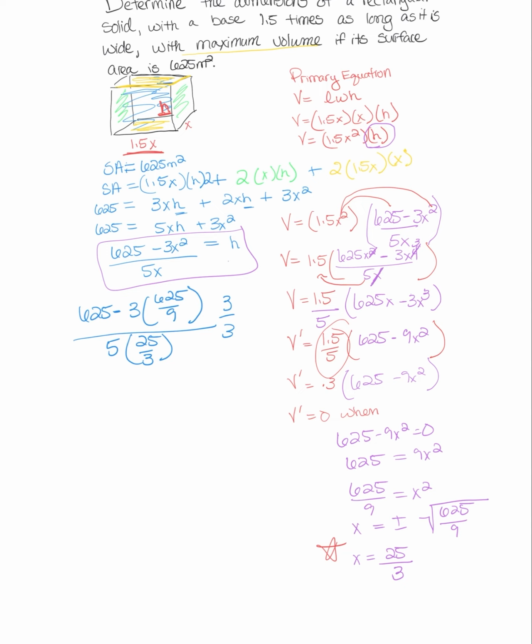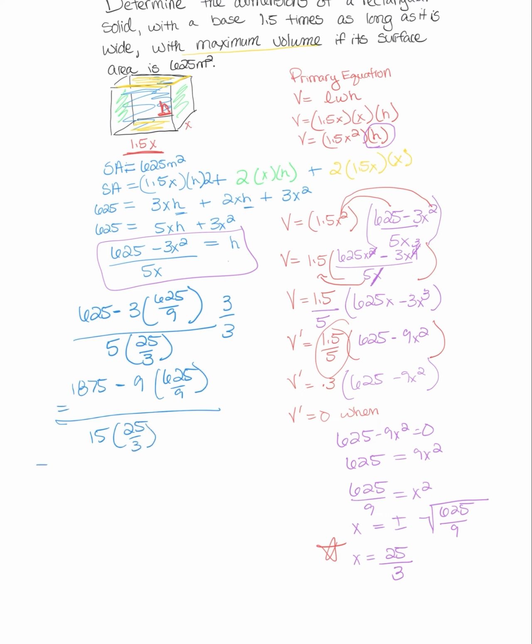I don't want to use a calculator. It's easier, I think, to multiply than to divide. So we have 1875 minus 9 times 625 divided by 9, over 15 times 25 divided by 3.